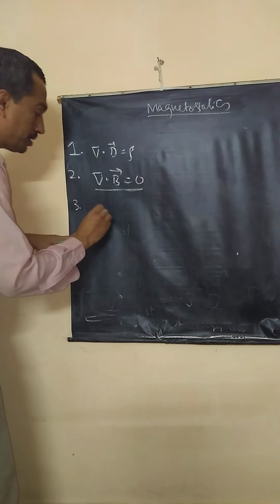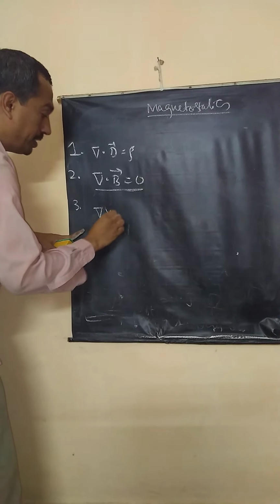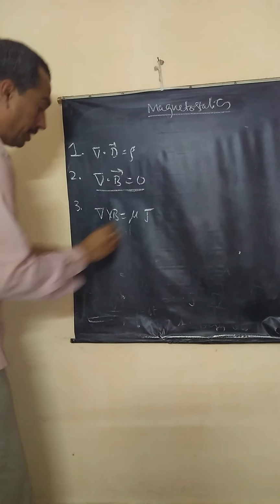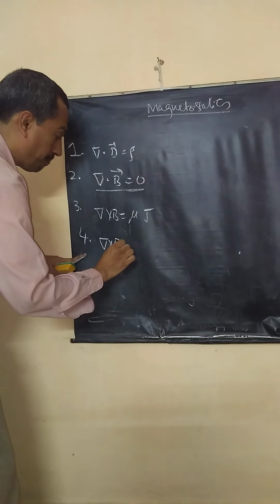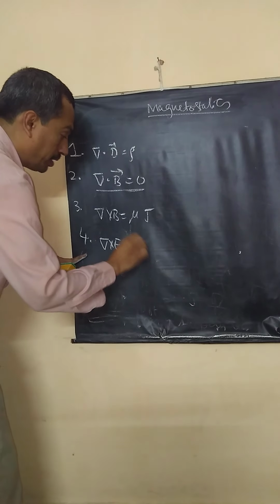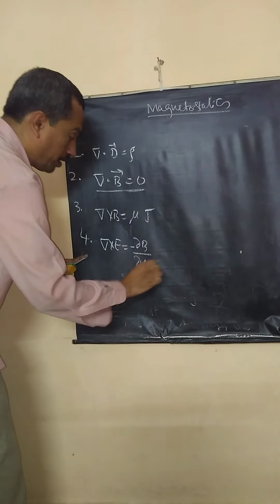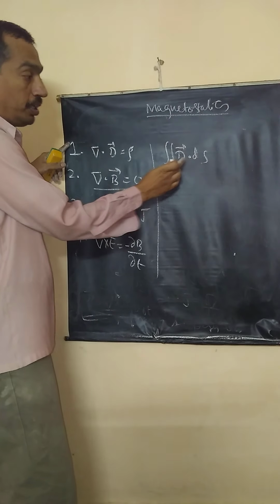Third, Ampere's law: del cross B is equal to mu into J. Fourth, Faraday's law: del cross E is equal to minus dou B by dou t. Correct? In differential form, they don't look friendly. In integral form, see here, total flux D dot ds is what?